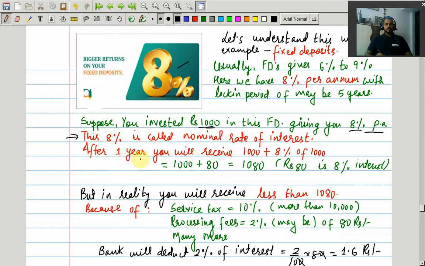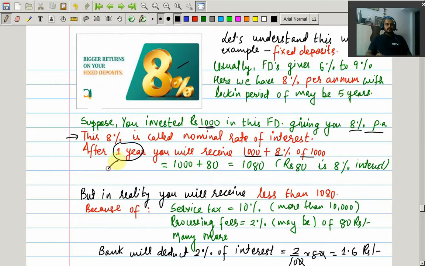So after 1 year, according to this 8% that we see in advertisements, you must receive 1000 rupees plus 8% of 1000 rupees. I've taken an example for 1 year. Normally 8% or 7%, they pay this much interest on a minimum lock-in period of 3 years.